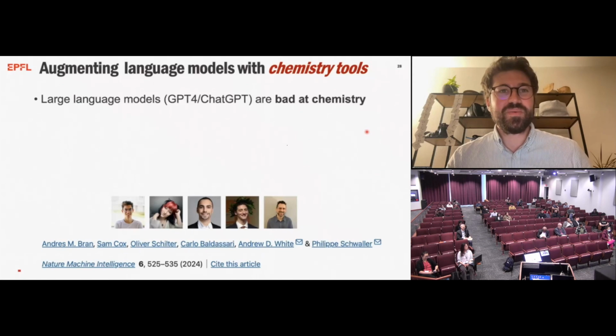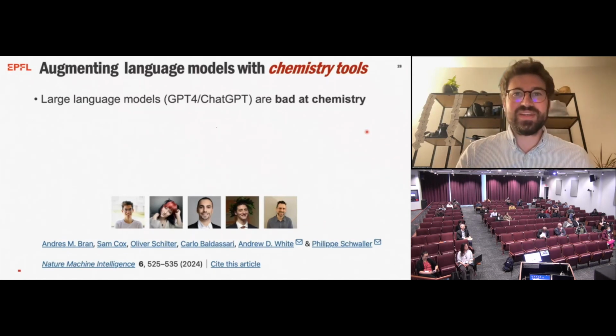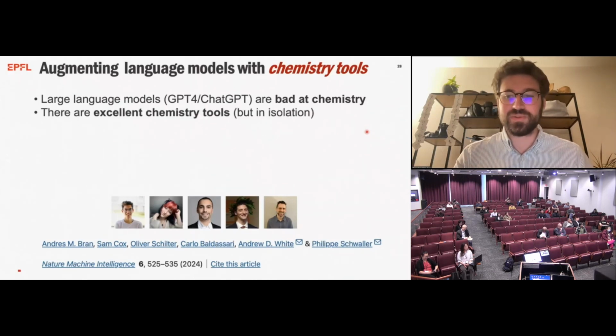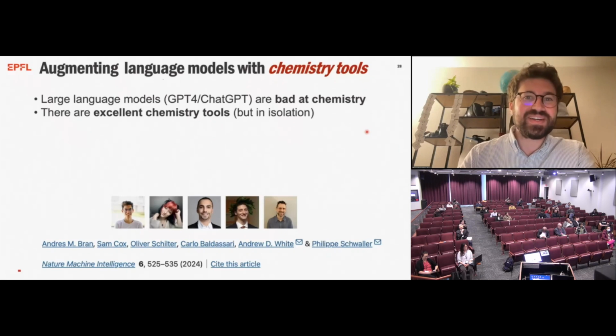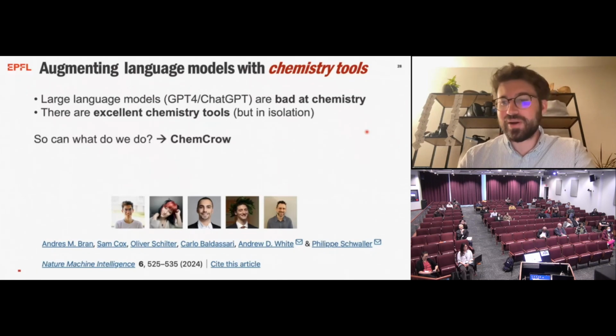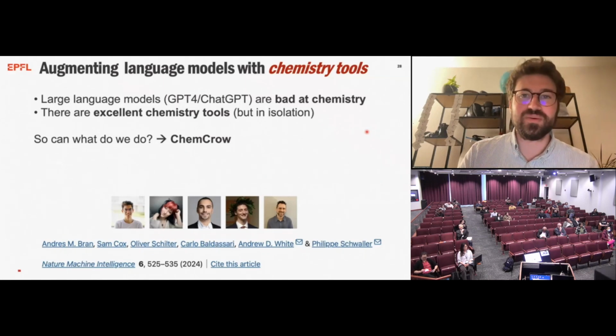We had observed that all the tools we were playing around with were bad at chemistry, but we had those excellent chemistry tools living somewhere in isolation, like one GitHub repo there, another API here, and hard to combine if you're not an expert Python user. So our solution to that was ChemCrow. Crow, because crows are known to use tools very well.